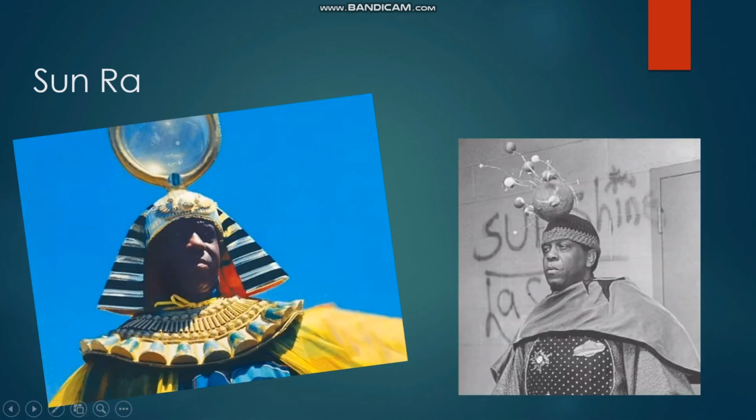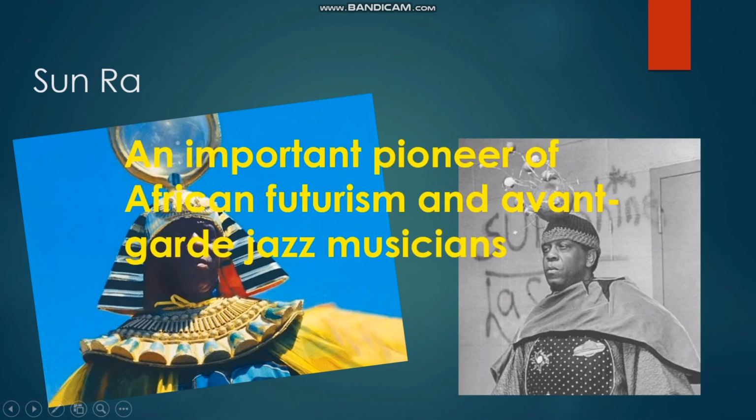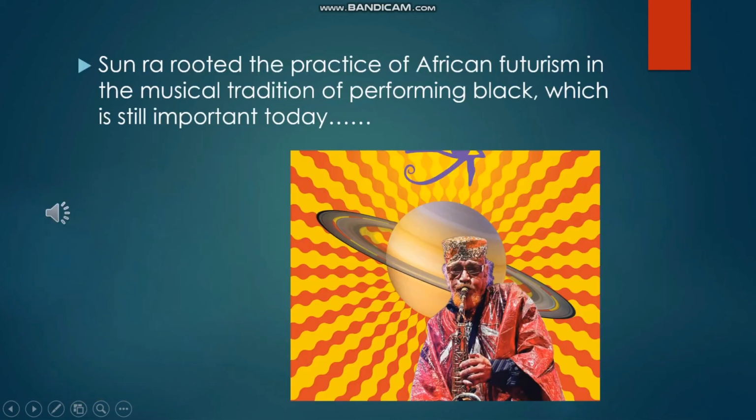So now let's talk about this famous person, Sun Ra. People always call him an important figure of African futurism and an avant-garde jazz musician. Sun Ra rooted the practice of African futurism in the musical tradition of performing Blackness, which is still important today.